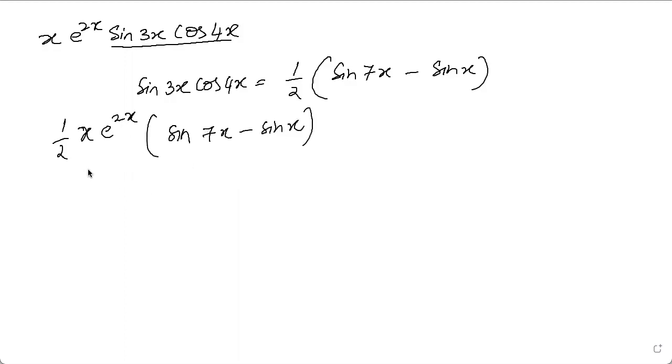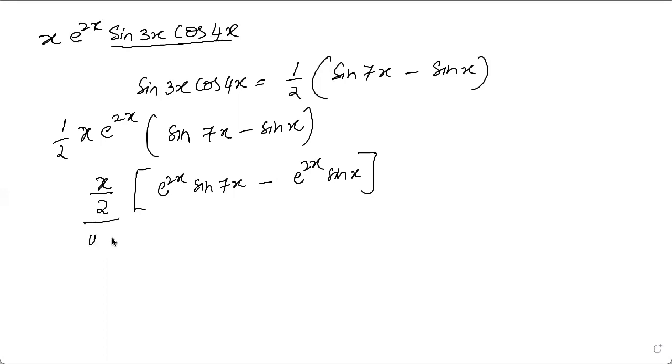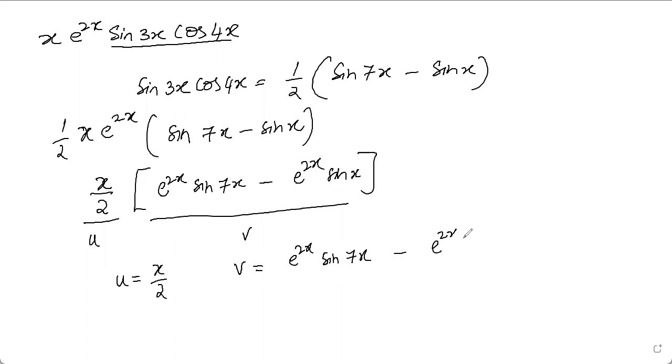Now let us take x by 2 as u, and we'll put e to the power of 2x sine 7x minus e to the power of 2x sine x as v.